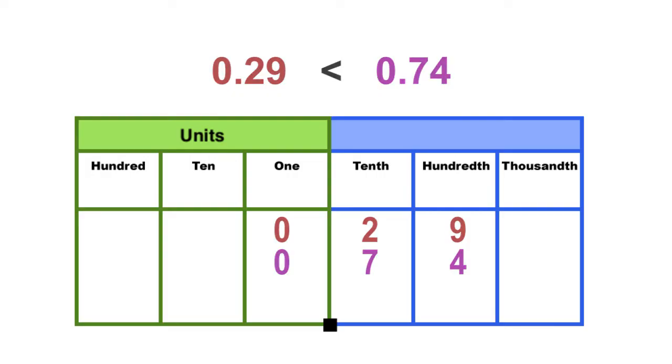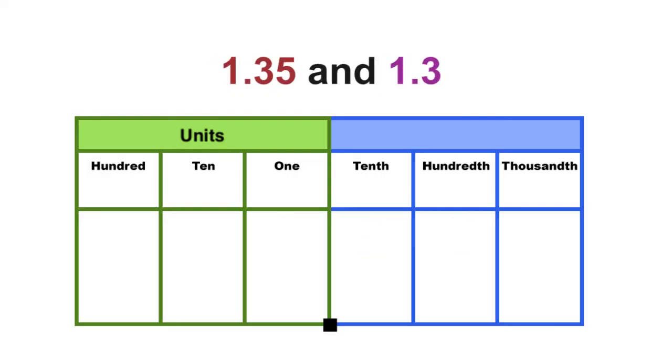Let's compare another set of numbers, 1 and 35 hundredths, and 1 and 3 tenths. 1 and 35 hundredths would be written with a 1 in the ones column, a 3 in the tenths column, and a 5 in the hundredths column. 1 and 3 tenths would be written with a 1 in the ones column and a 3 in the tenths column. The largest place value is the ones place.